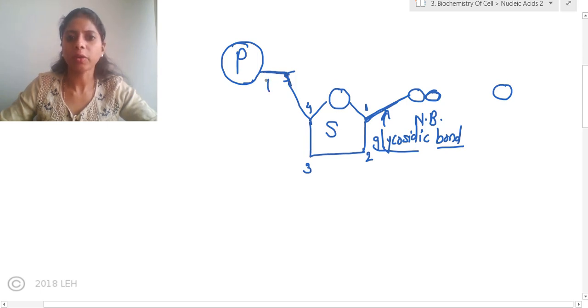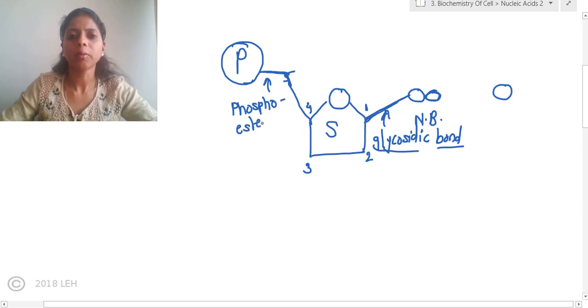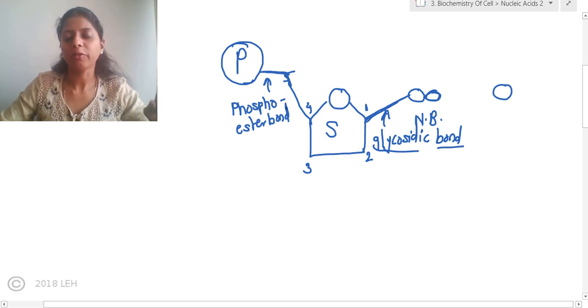So this bond is formed. Now this is the ester bond, and it is formed with the phosphate group. So it is called a phosphoester bond. What does it call? Phosphoester bond. Remember the name properly, phosphoester bond.